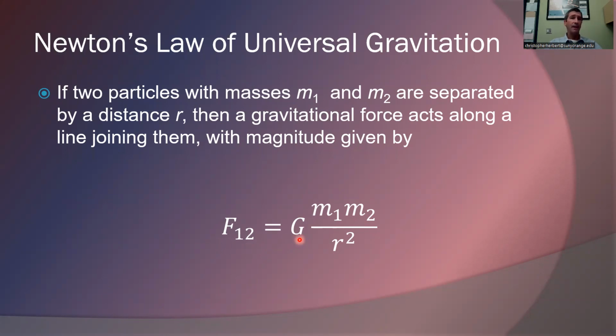Big G works with anything with mass. It basically says that an object of mass m1 and an object of mass m2 will exert an equal and opposite force on one another, F12, which is proportional to the product of their two masses divided by the distance that separates their centers of mass, r.